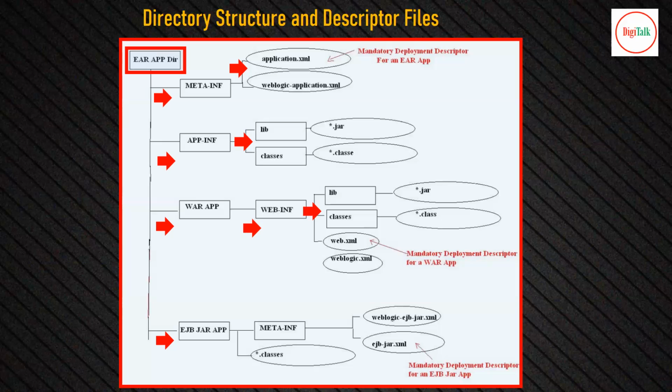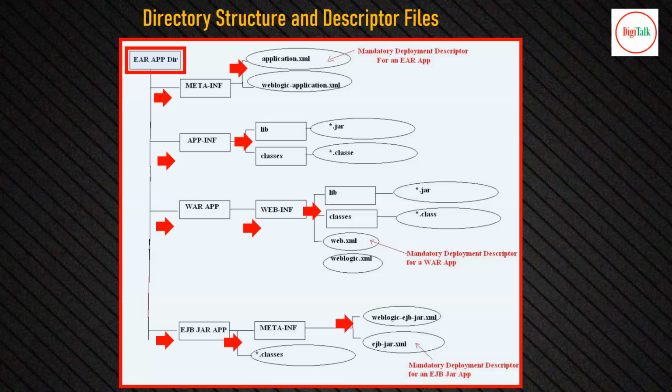And in WAR app, you have to create a folder with name WEB-INF. Inside that, you can create folder lib to copy all of your library files, and classes to copy all your class files. And then for WAR app, you have 2 important descriptor files, which are named web.xml and weblogic.xml. These are the 2 important descriptor files for your web application.